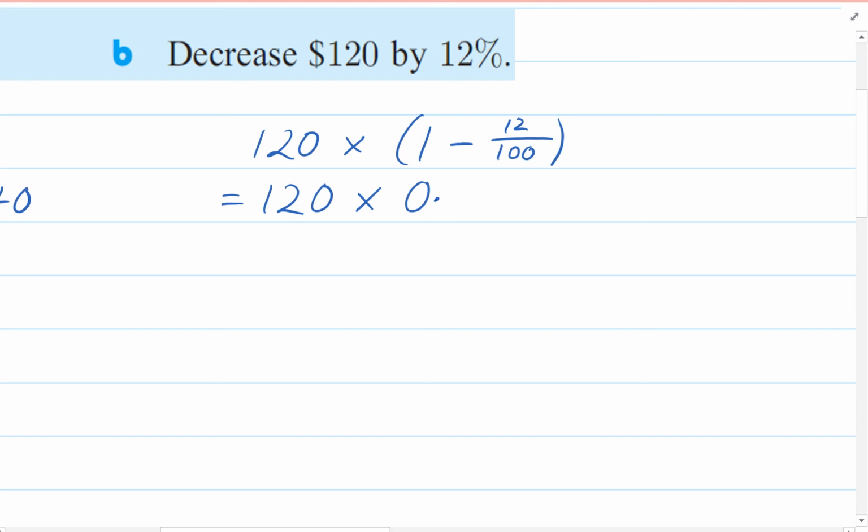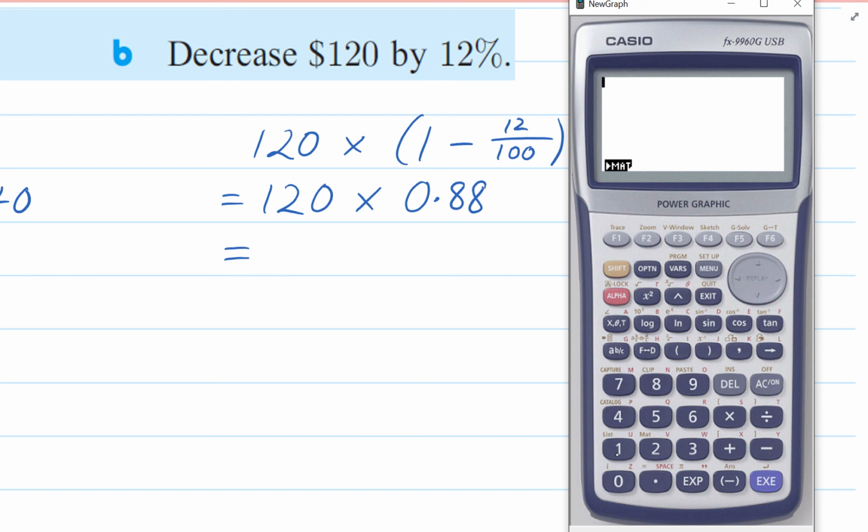So if you think about it, that makes sense because 88 would be the same as 100 minus 12. So we're just sort of taking 12 100ths off 1. So now we can put that into a calculator. We can go 120 times 0.88, and that gives us 105.